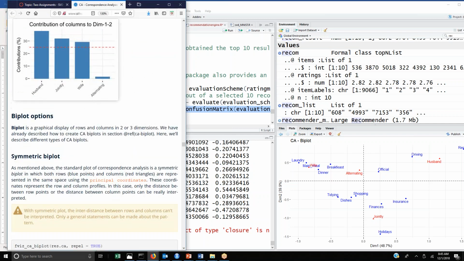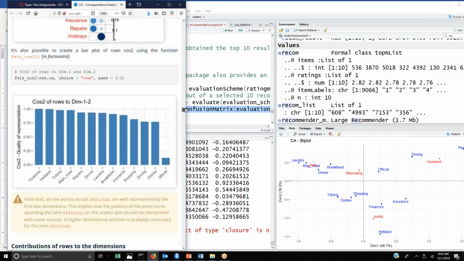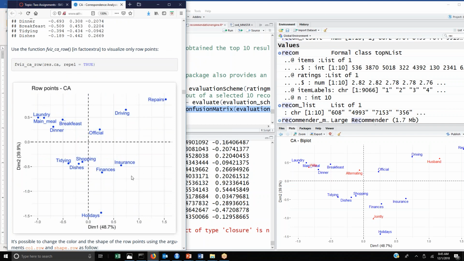So if I do only the row alone, let's go back to the row alone, and I will get only this. Now, there is no column information plotted here. The column information is plotted in red color as part of the biplot, which gives you the most important dimension on the rows and the most important dimension on the columns.